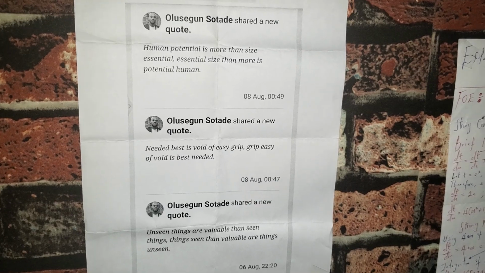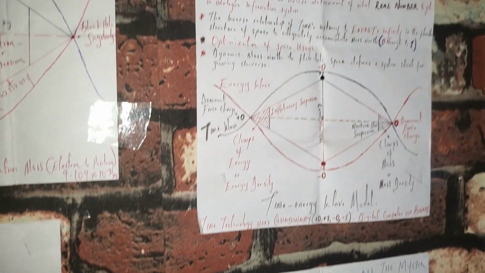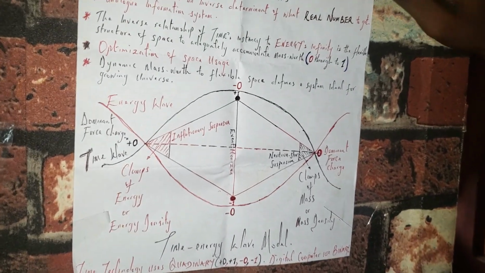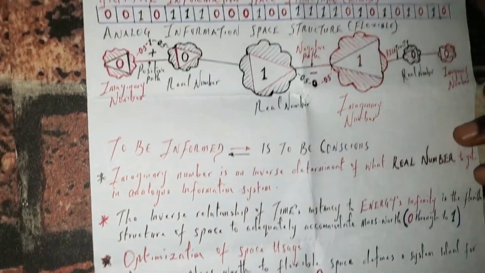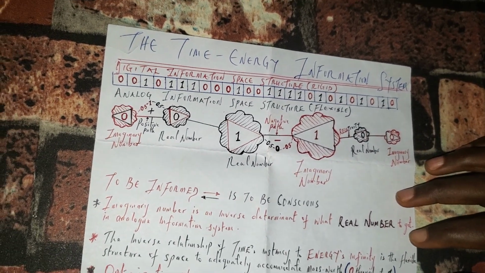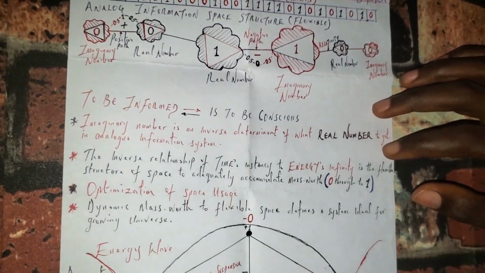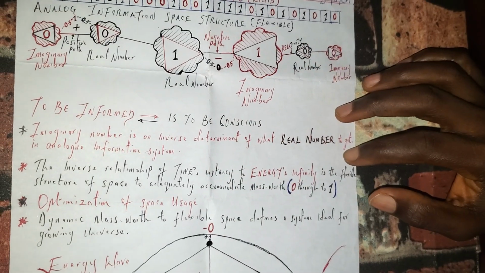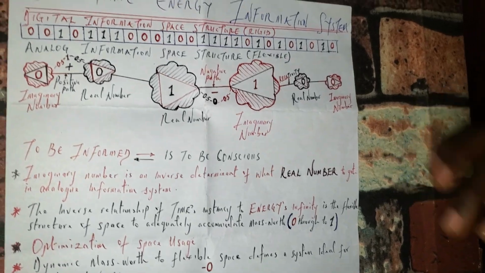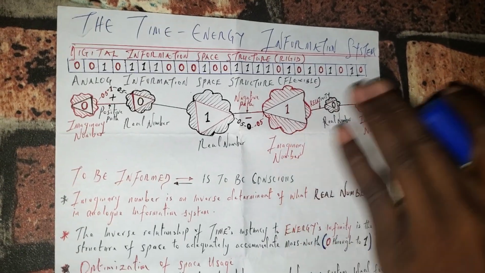I want us to look at this information structure as we have it here. The one we have up here is the digital information space structure. It is rigid because we have chunks of spaces being assigned to combinations of zeros and ones.